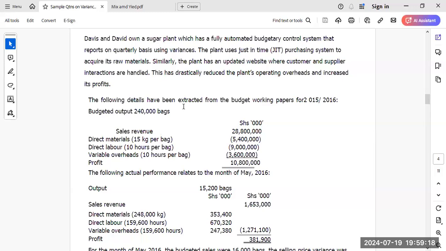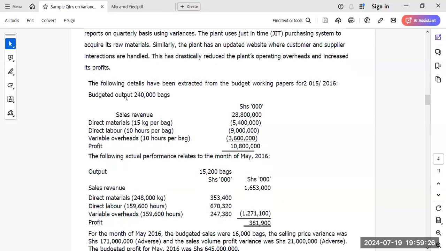The following details have been extracted from the budget working papers for 2015-2016. You have the budgeted output in terms of bags, and you have this information. From here up to here is the budgeted information. This is like your standard cost card.